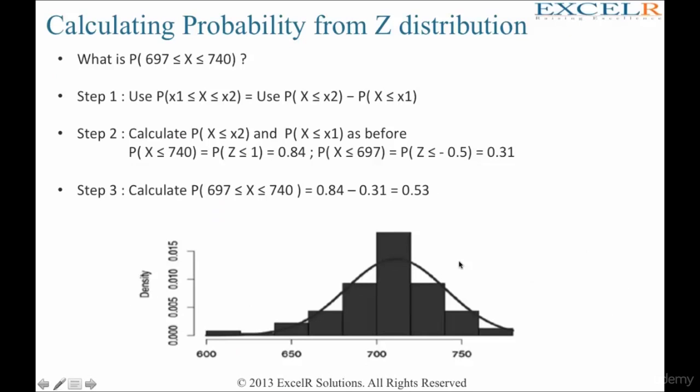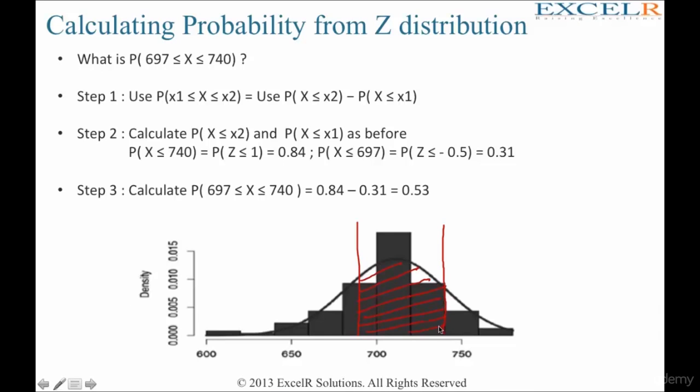So 740 would be somewhere here and 697 would be somewhere here. So what is the probability that the student's GMAT score happens to be within this range? This is what we need to solve.